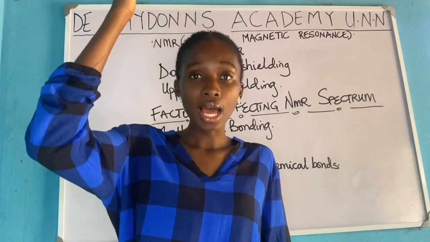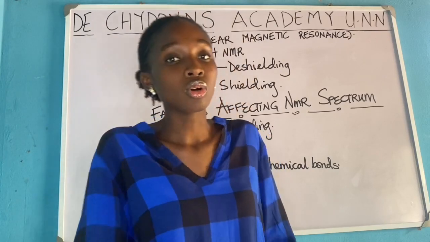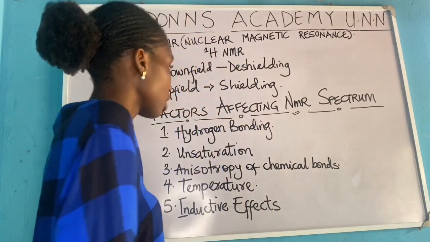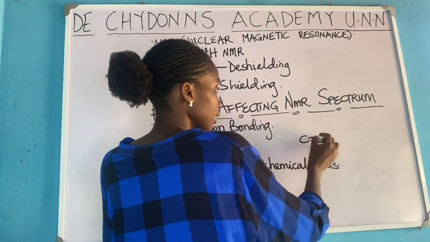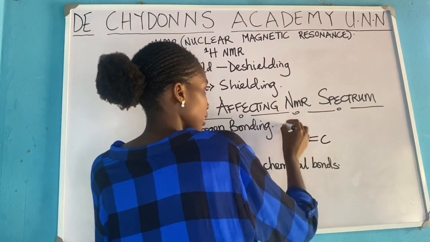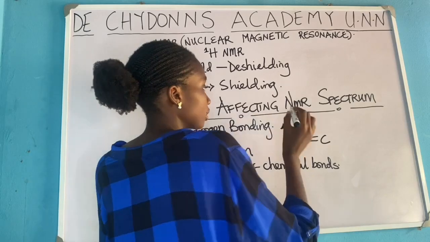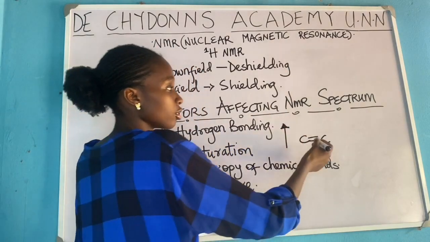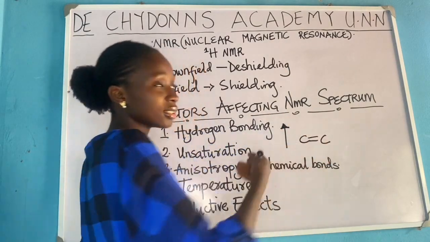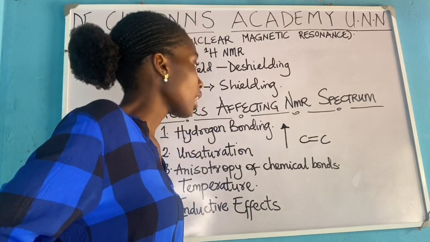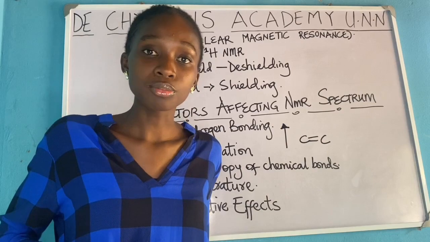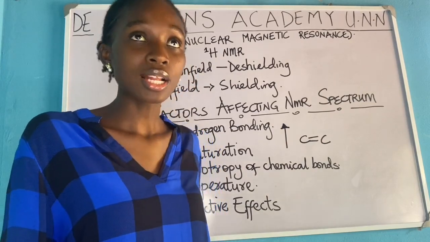One is going vertically, the other is going horizontally. So I'm going to give you the structure like this. You have your double bond like this, and then your external magnetic field like this. This one goes in this direction, then you have your pi bonds here going in this direction.